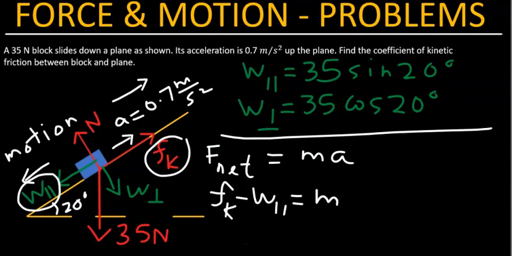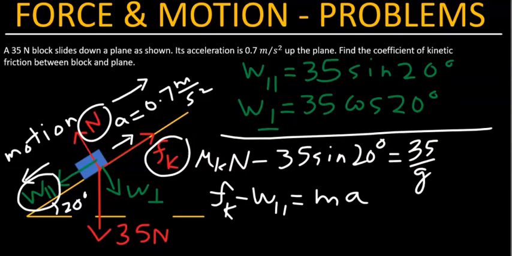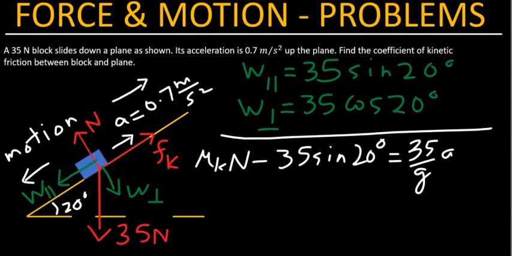And that equals ma. Kinetic friction equals coefficient of kinetic friction, which is what we want to find, times the normal force, minus W parallel, which we know to be 35 sine 20 degrees. The mass is the weight, which is 35 newtons, over gravity, which is 9.81, times acceleration. We note that since the block is not moving up or down off the plane, the normal force must be the same as W perpendicular.